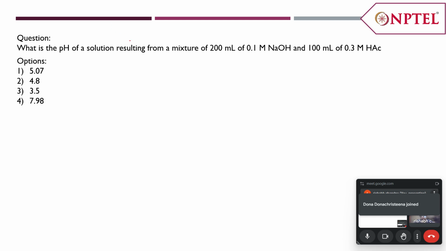Okay, as in the last lecture also, I discussed how we'll solve this question. First, we'll write the equation, that is, how the reaction would occur. This is NaOH and this is the acetic acid.